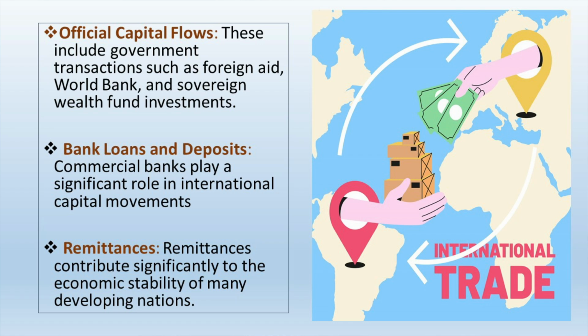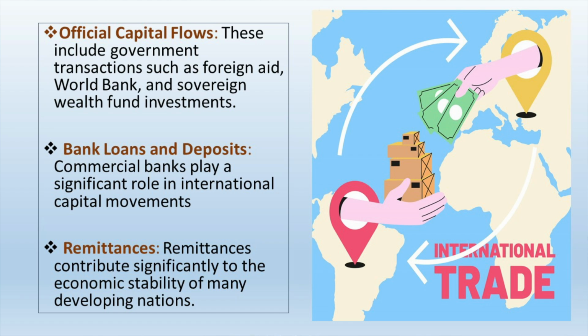Now, another important type of international capital movement is bank loans and deposits. Regarding bank loans, commercial banks play a significant role in international capital movement through cross-border lending and deposit taking.